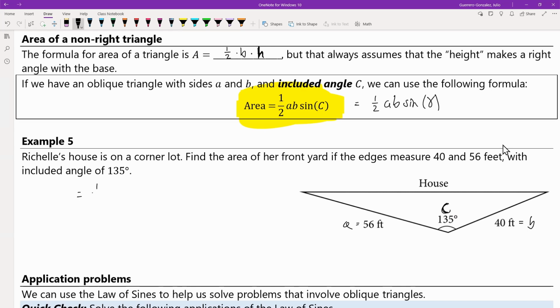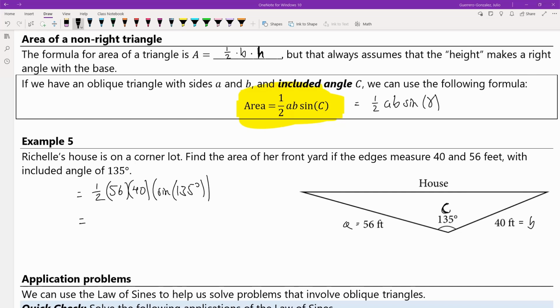So it's going to be equal to 1/2 times 56 times 40 times sine of 135 degrees. Okay. Again, check your calculator, make sure that it is set to degrees. Okay. And if we throw this all in, 56 times 40 times sine of 135.